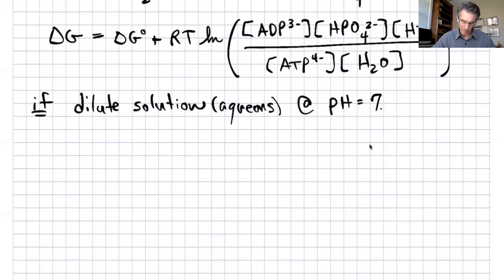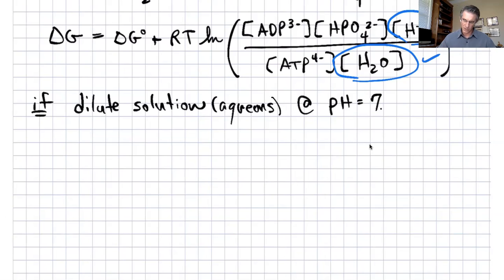There are two things in that expression that under those conditions are no longer variables. Specifically, in dilute aqueous solution, does the concentration of water ever change? No, it's going to be that constant 55 molar. And at pH 7, if you're buffered at pH 7, is the hydrogen ion concentration changing? No. So under those conditions, both the concentration of water and the hydrogen ion concentration aren't variables anymore.